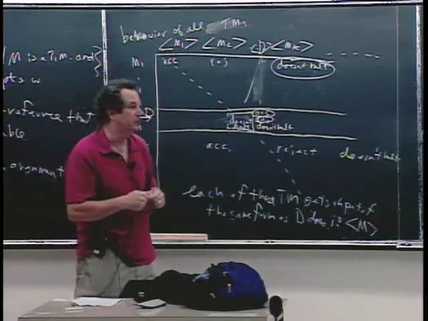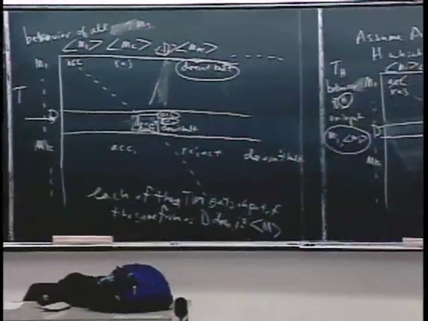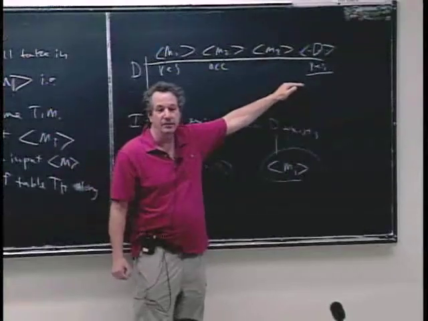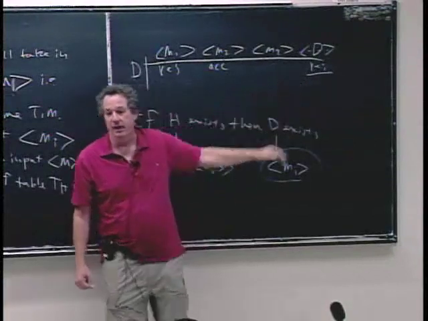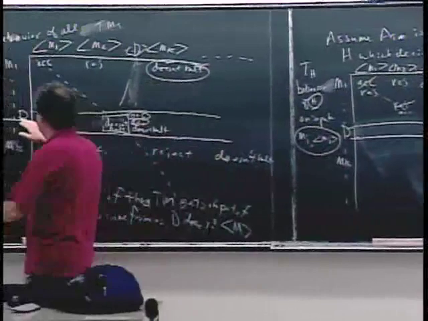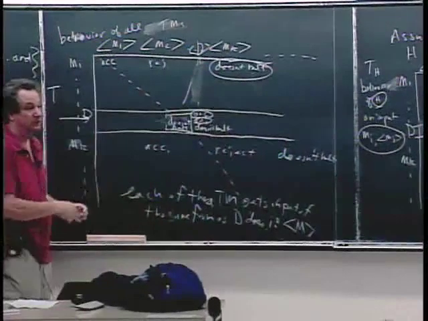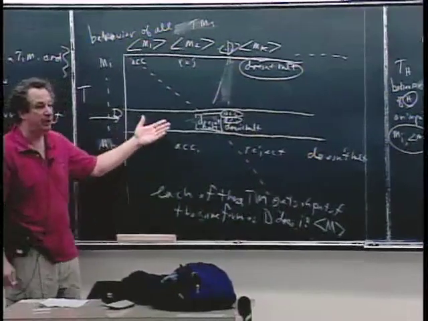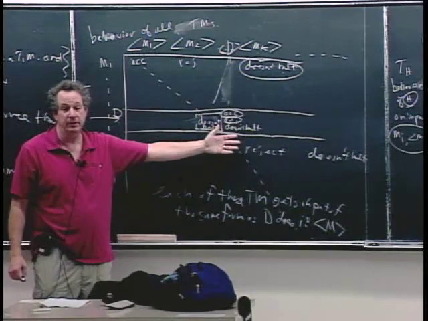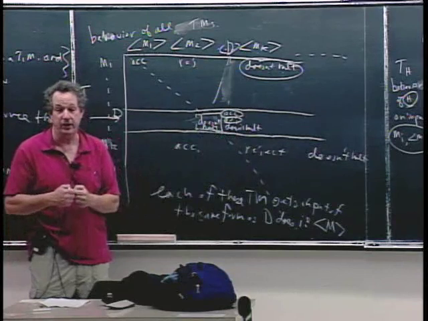So we have deduced over here that D must have this behavior, which doesn't even have in it doesn't halt. On the other hand, we've said, okay, D is a Turing machine, so it's got to be somewhere in this table. And this table has 3 possible entries. And I'm simply going through those 3 possible entries to show a contradiction in each case.